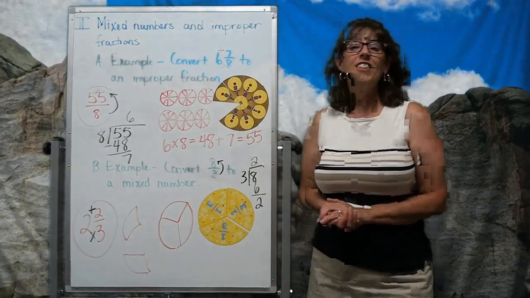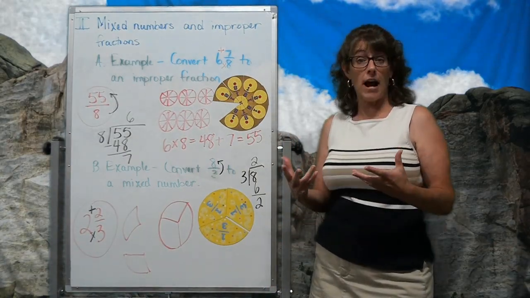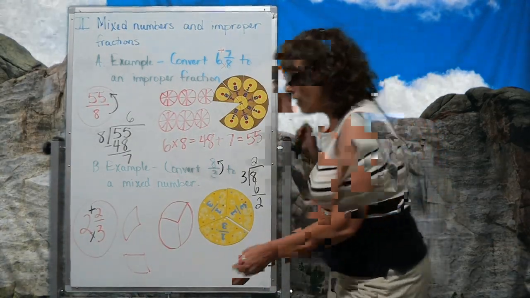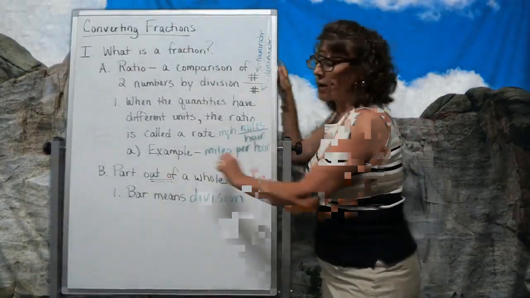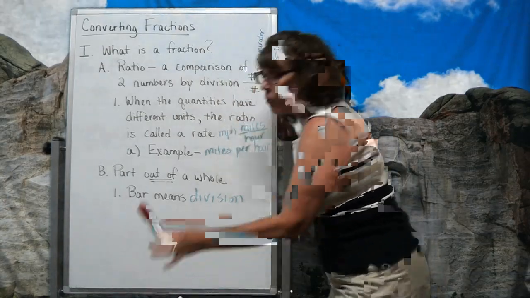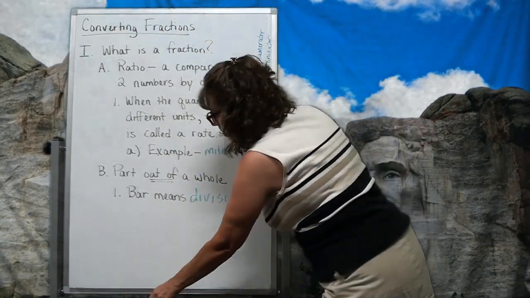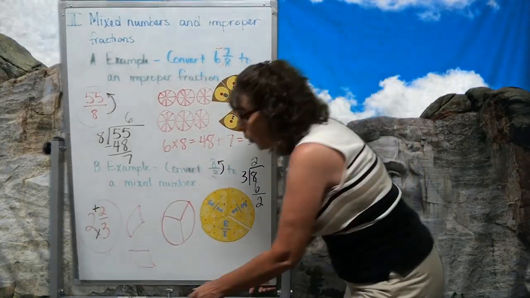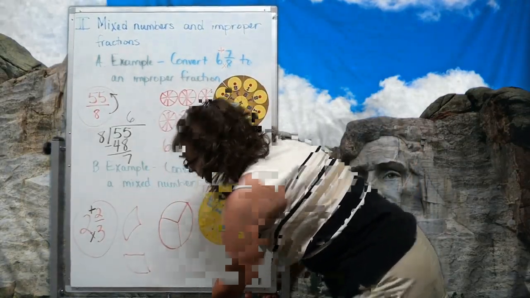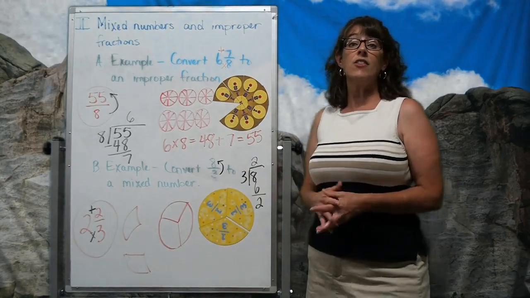So hopefully that helps you to understand, number one, what a fraction is. Again, part out of whole, as you saw right here. Part out of whole, whether it be a part out of a whole in length or a part out of a whole in circular pieces, as you see here, or whether it be a part out of a whole in terms of just representing anything at all.